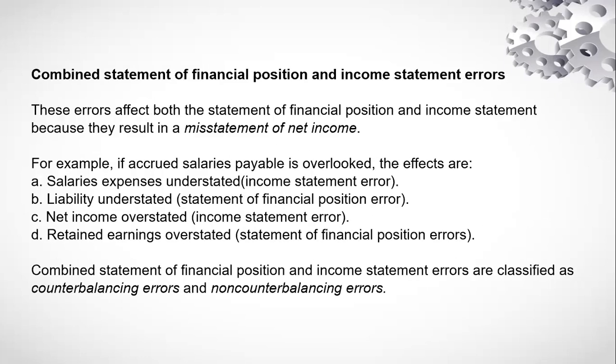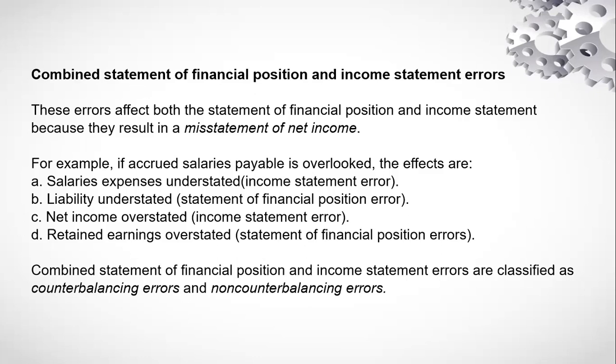Then we have the combined statement of financial position and income statement errors. These affect both the statement of financial position and income statement because they result in a misstatement of net income. For example, if accrued salaries payable is overlooked, the effects are salaries expense is understated, an income statement error.